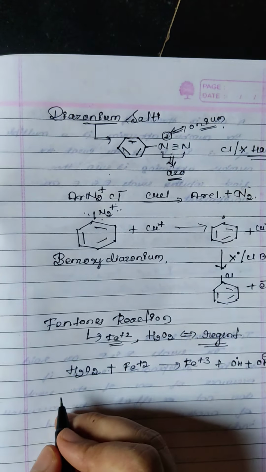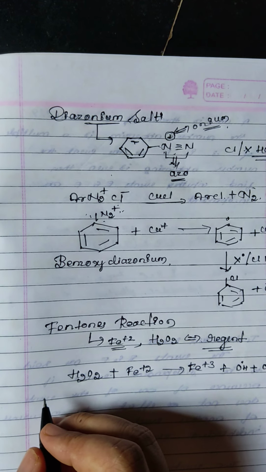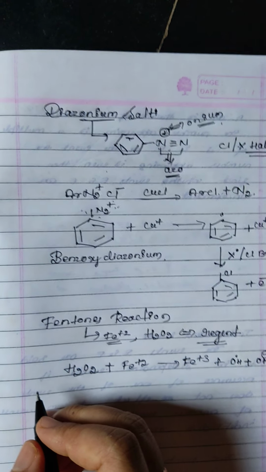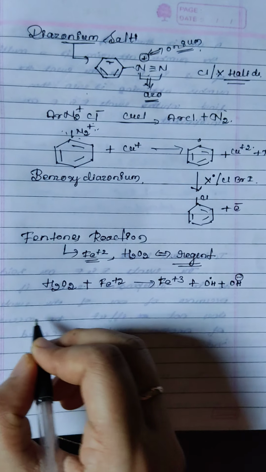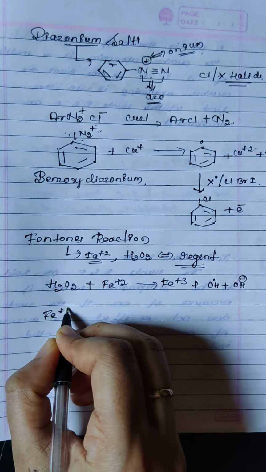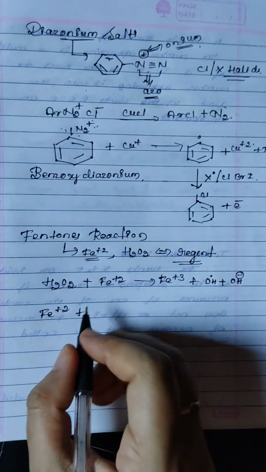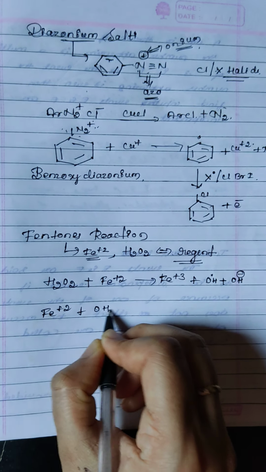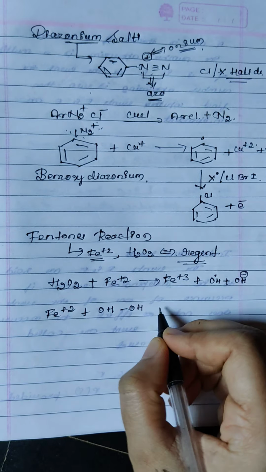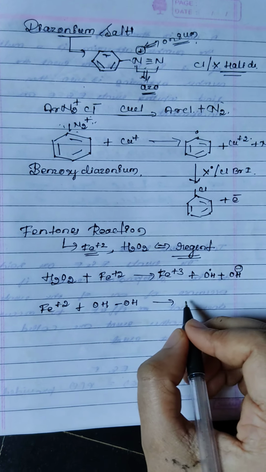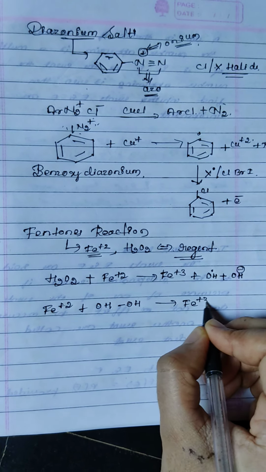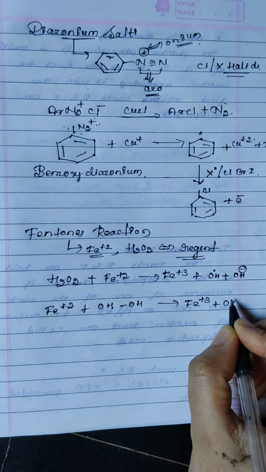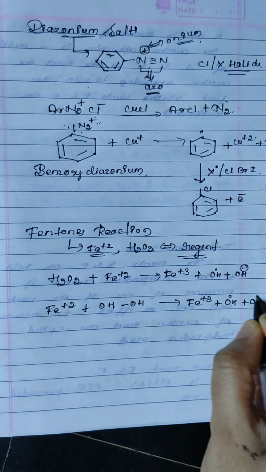Next example: Fe2+ in the presence of hydroxide gives Fe3+, OH free radical, OH negative sign.